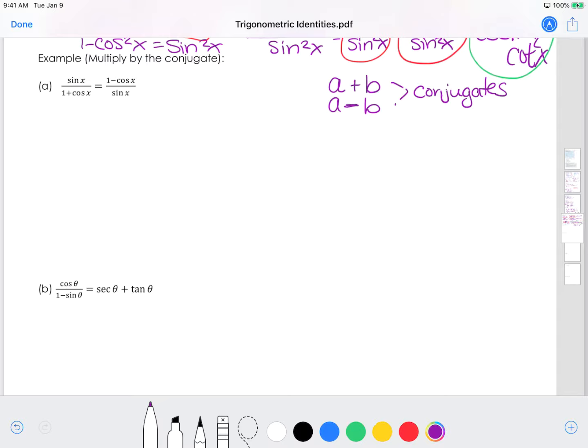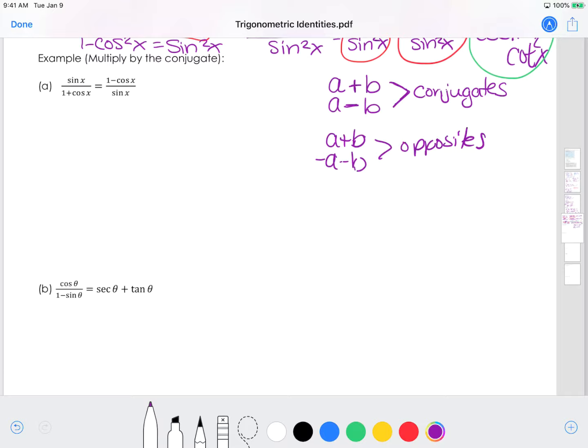It's just the sign in the middle between the two numbers is what changes. And that's what makes it a conjugate. If both signs change of both those numbers, then it would be the complete opposite. That would be the opposite. So let me make a note of that. If you have a plus b and then you have minus a minus b, those are opposites. Versus conjugates, which is just the sign in the middle that changes.